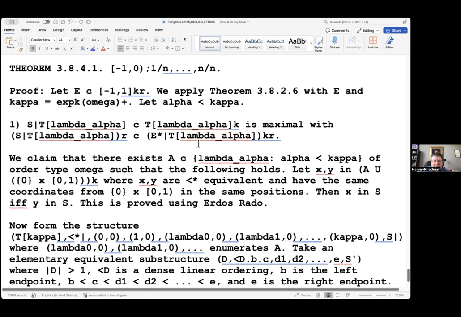And we apply that master statement from the infrastructure with E and the cardinal kappa, which is this iterated exponential at omega plus. And let alpha be less than kappa.